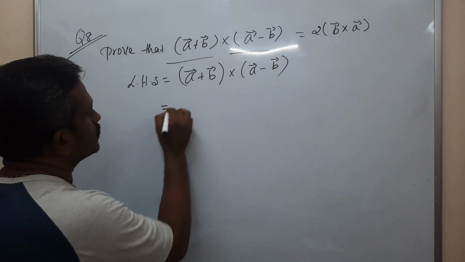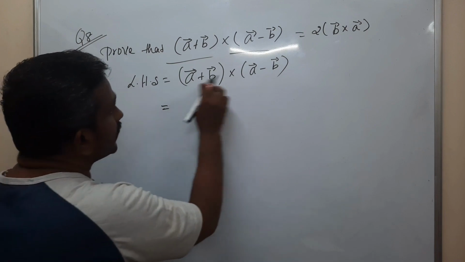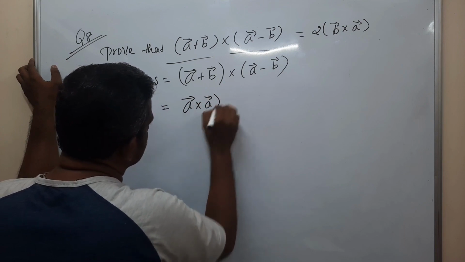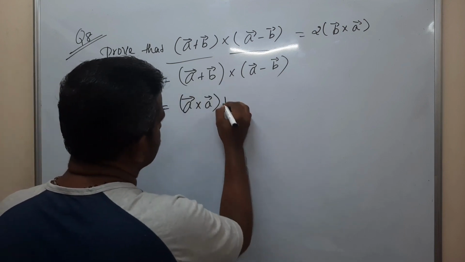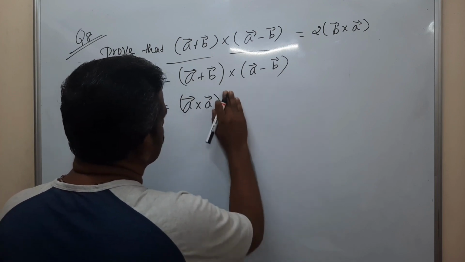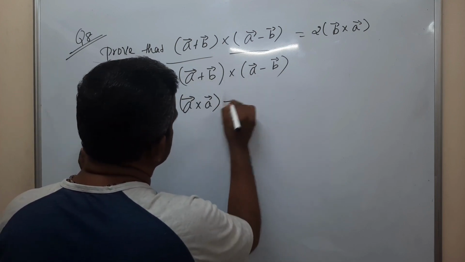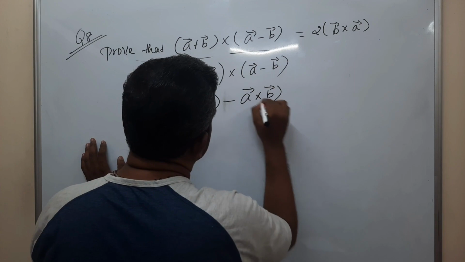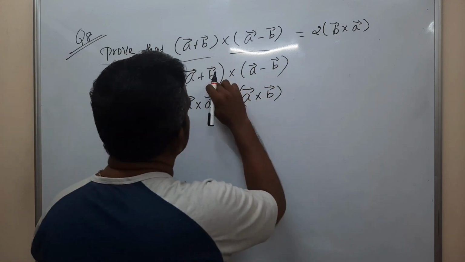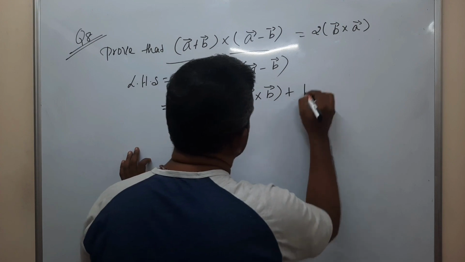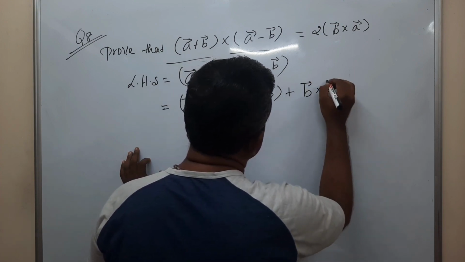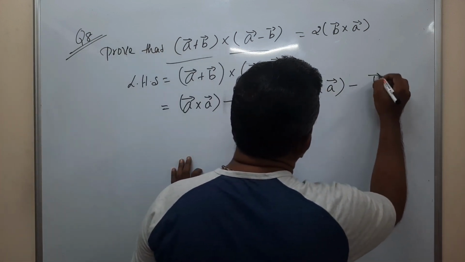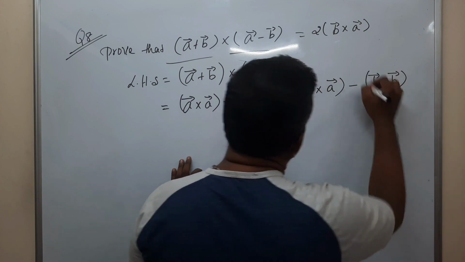So that is equal to A vector cross A vector, plus into minus, minus A vector cross B vector, then plus B vector cross A vector, then B vector cross B vector, that is minus B vector cross B vector.